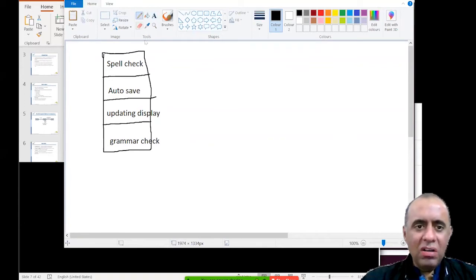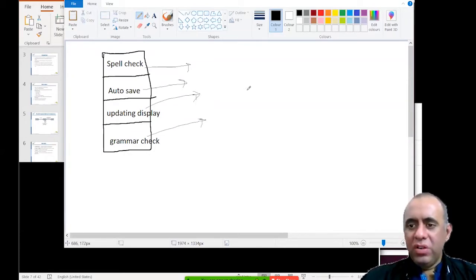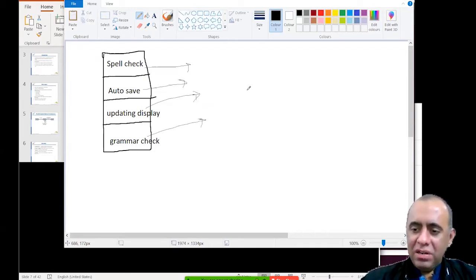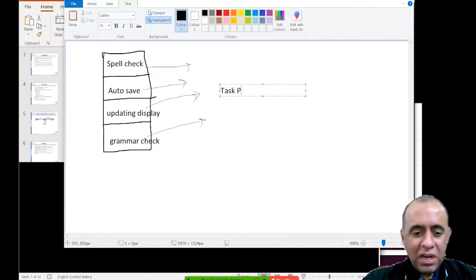I send this to first thread, second thread, third thread, and fourth thread. So it will be very easy for me to make use of multi-threading in this scenario. This is, by the way, called task parallelism. There is a name for this. This is called task parallelism.